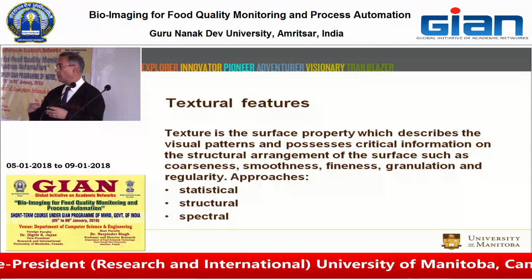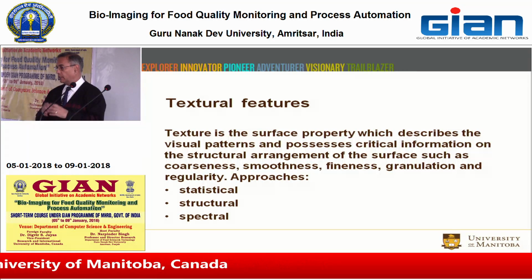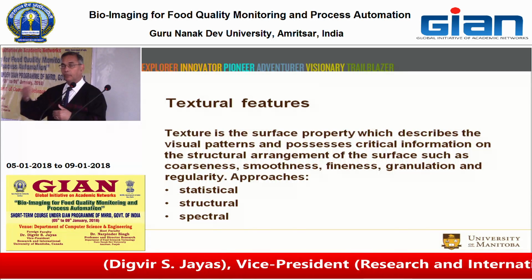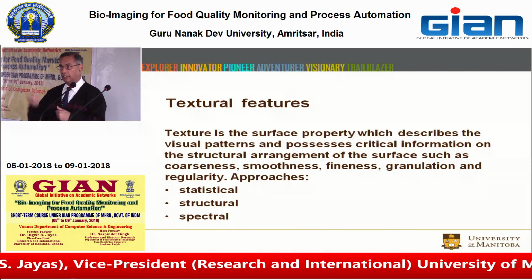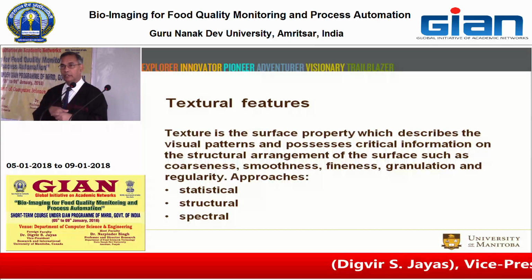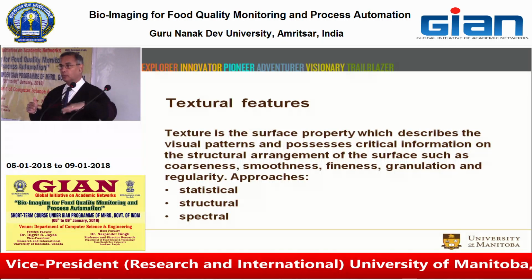When you look at any object, you would say it is rough, it is fine or smooth, it has granulations, the granulation is regular or has a pattern, patterned granulation. That information you are trying to extract, and that information usually you can get from the textural features.